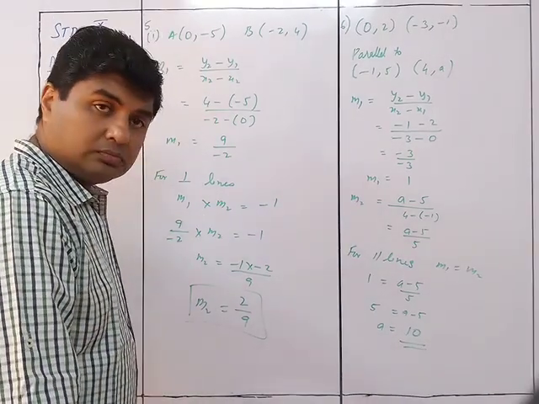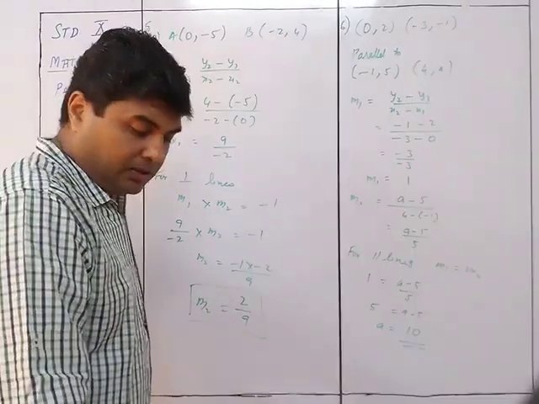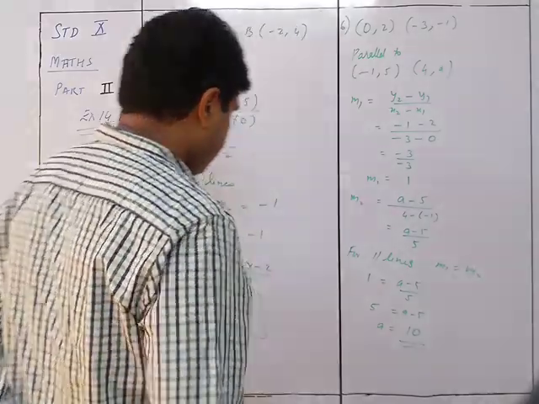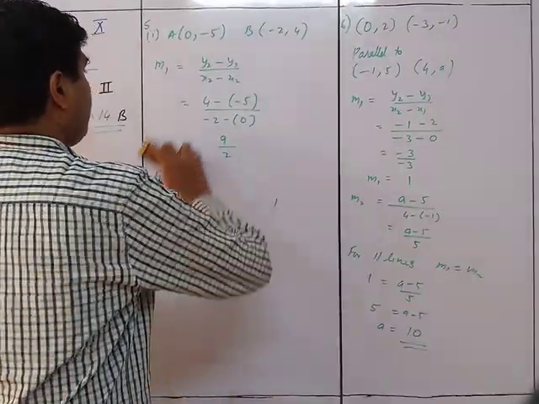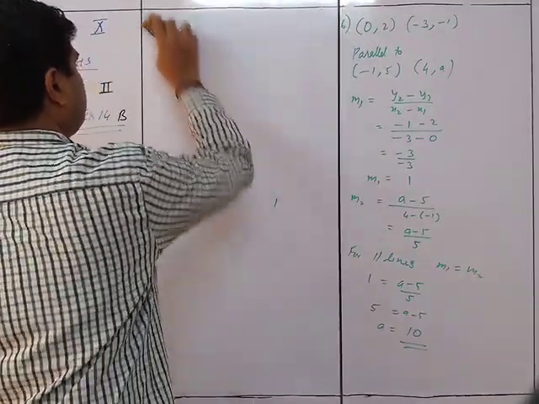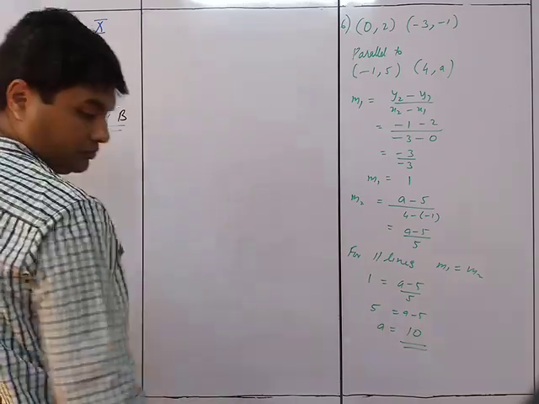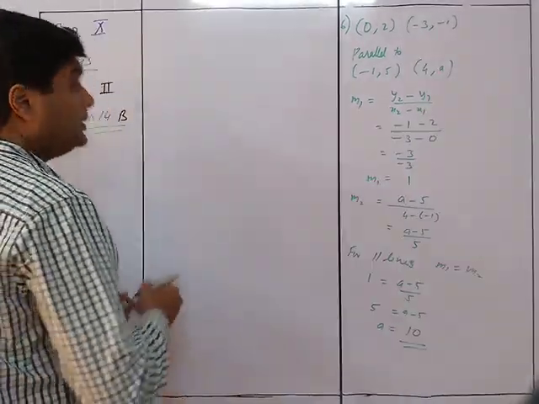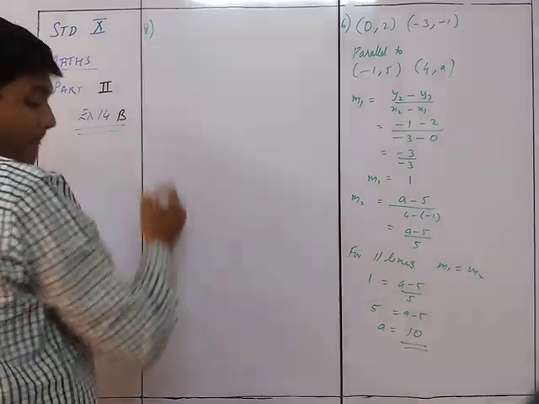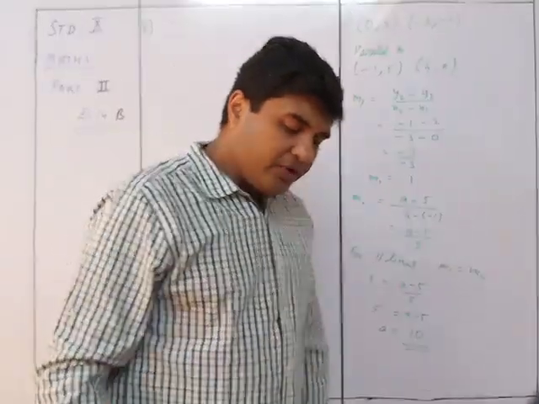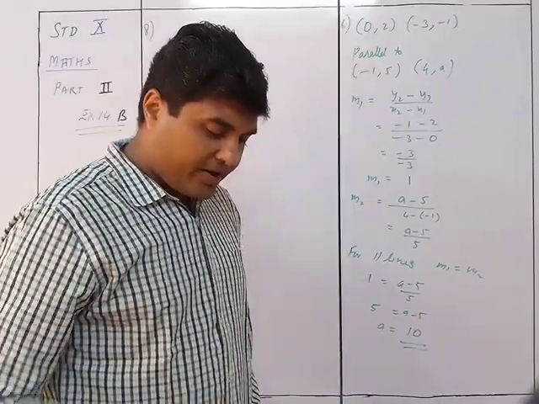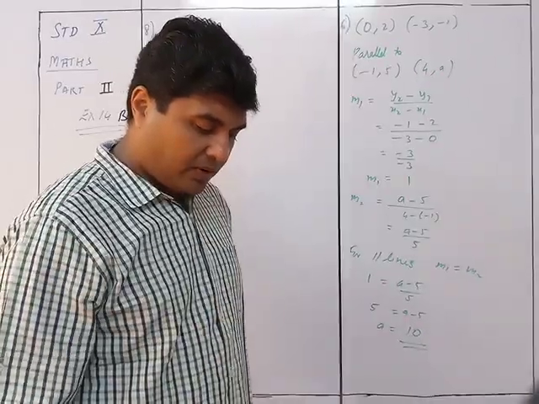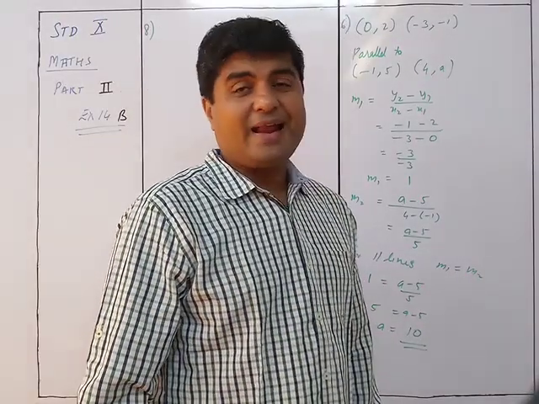Clear? We move on to sum number 8. Without using the distance formula, show that points A, B and C are vertices of a right angle triangle.